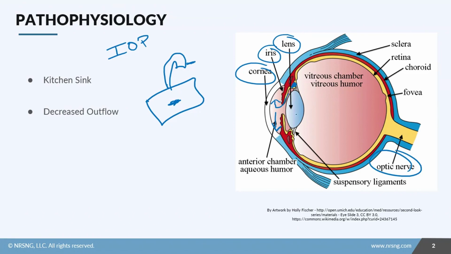And the way that works in the eye is because the eye is a confined space, the fluid has nowhere to go, therefore the pressure in the eye goes up. The problem with glaucoma is that this pressure comes back and puts pressure directly on the optic nerve, causing damage to the optic nerve and therefore decreasing vision.